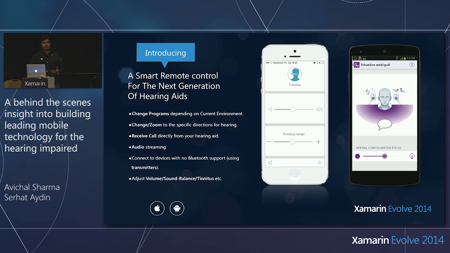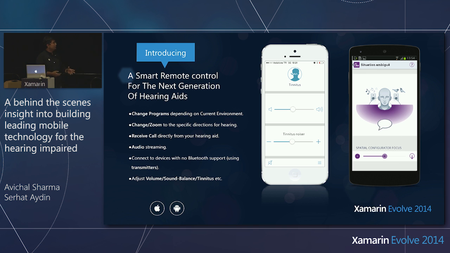The biggest reason there was a requirement for such an app is that the instruments are very small. Nowadays they are so tiny, they go inside your ears. So it's practically impossible to go inside your ear and change the program. You literally need some kind of app or remote control that could do justice, and you can completely control the instruments.